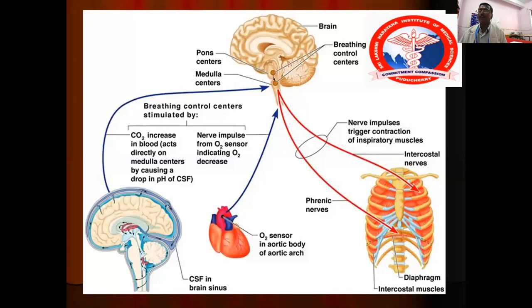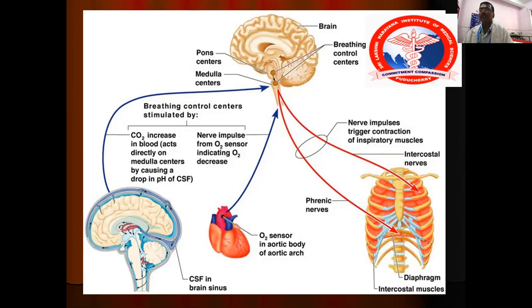There are several types of regulation: nervous regulation, chemical regulation, and others. The main regulation by the brain is by the pons and medulla. So, the nervous regulation will be controlled by the pons and medullary centers.